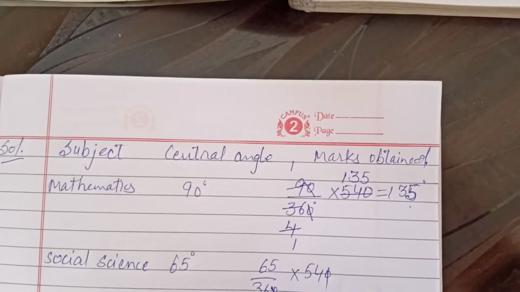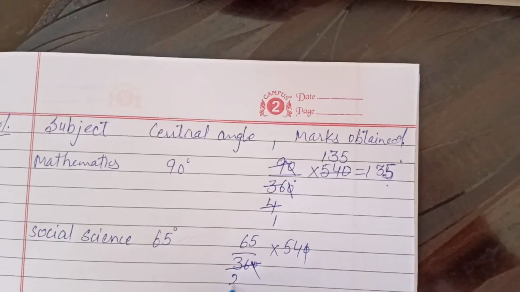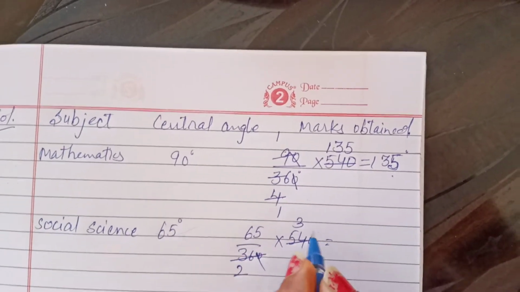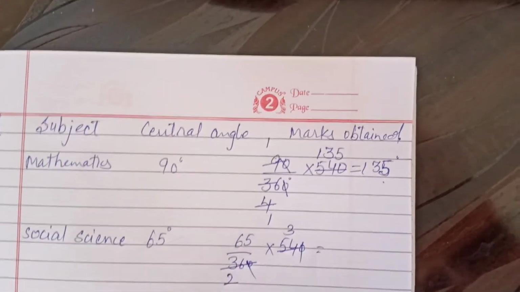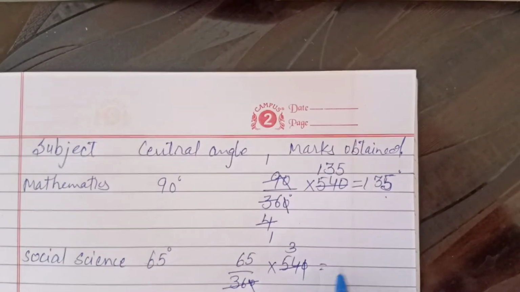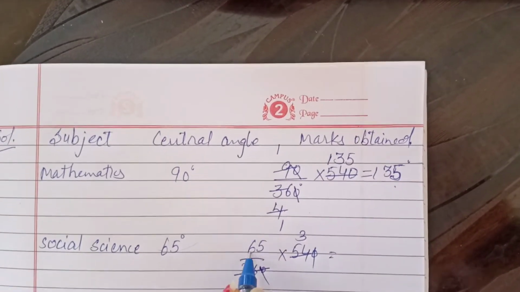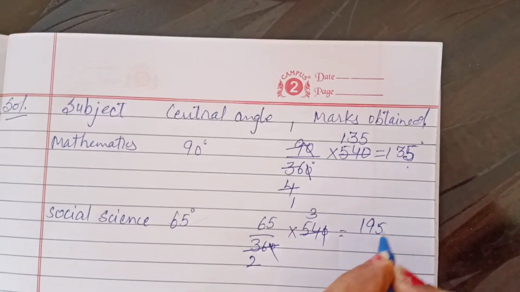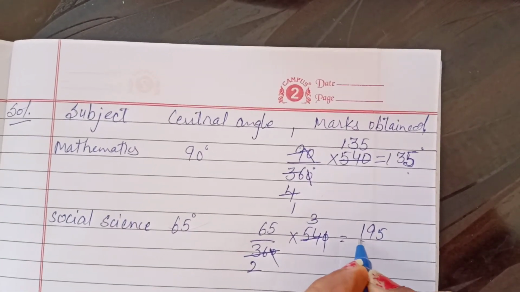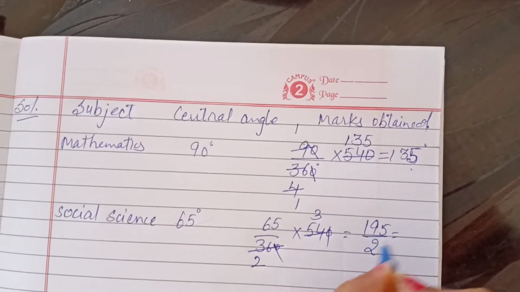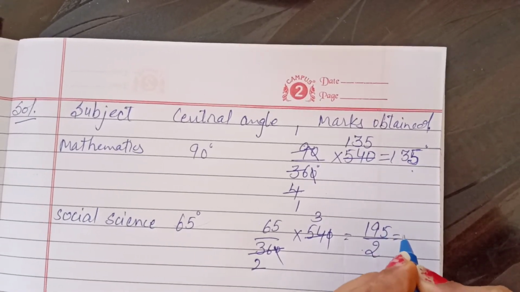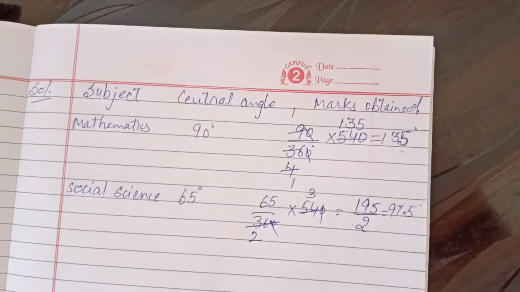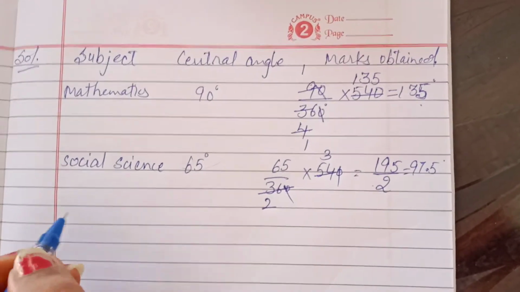This 0 cancels. 18 twos are 36, 18 threes are 54, then 65 multiplied by 3, because 2 and 65 do not cut, diagonals do not cut to each other. Then we get 195 over 2, which means 97.5 marks in Social Science.